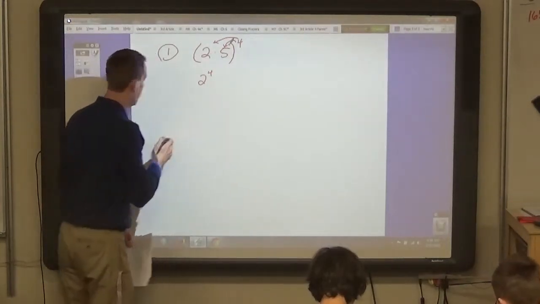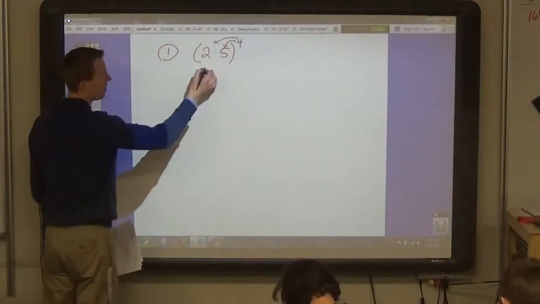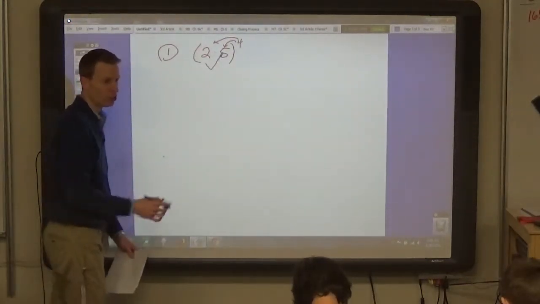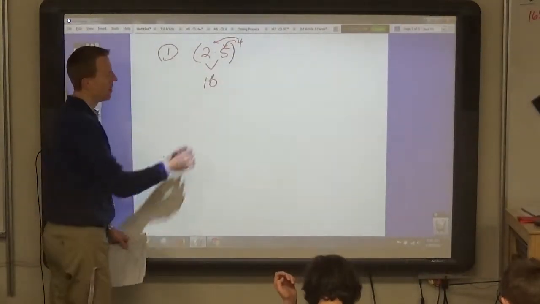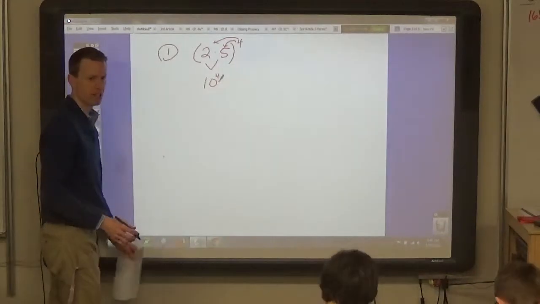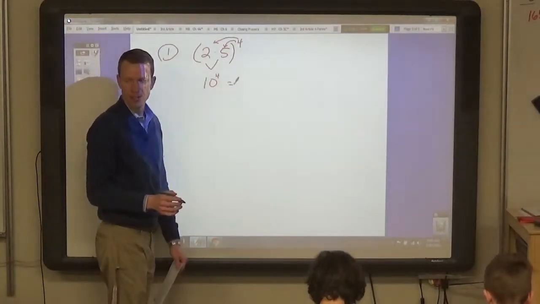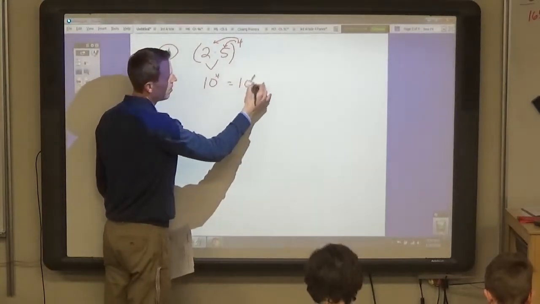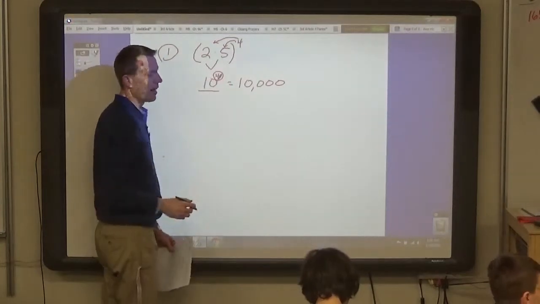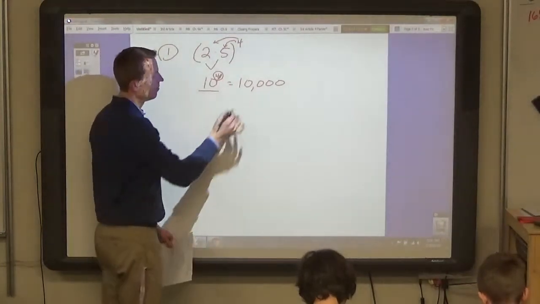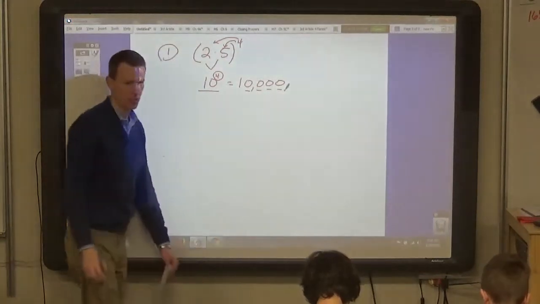Or it might be easier to combine these first, because 2 times 5 is 10. And then 10 to the 4th power is 10,000, right? Because anytime you have a power of 10, that tells you how many zeros there are. So it's 1, 2, 3, 4 zeros. Okay?